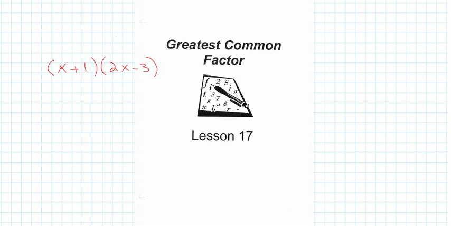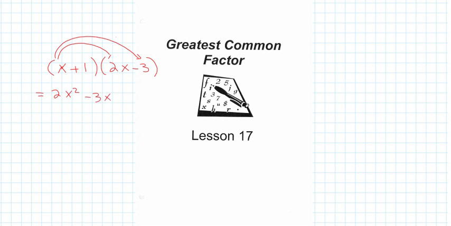So we had to multiply using the distributive property. Multiply x by 2x, which is going to be 2x squared, because x times x is x squared. Then you multiply the outer terms, so x times negative 3, that's negative 3x.